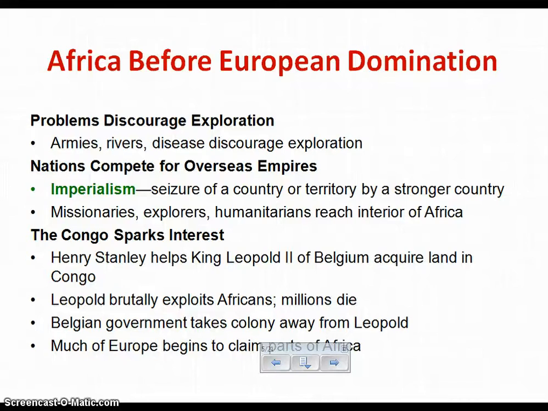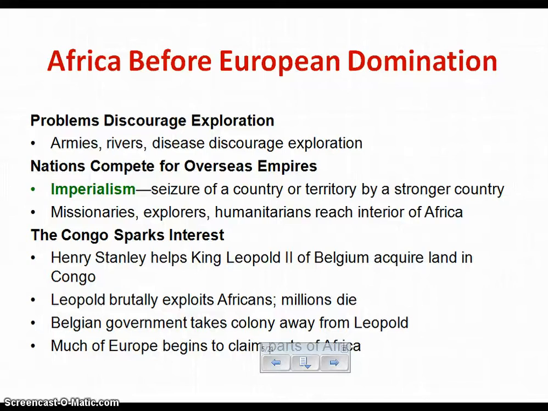Sadly, what ends up happening is that this works. And King Leopold II claims that he's in the Congo to spread Christianity and to free people from slavery. What actually ends up happening is he will make more money if he exploits these Africans. And that's exactly what King Leopold II does.